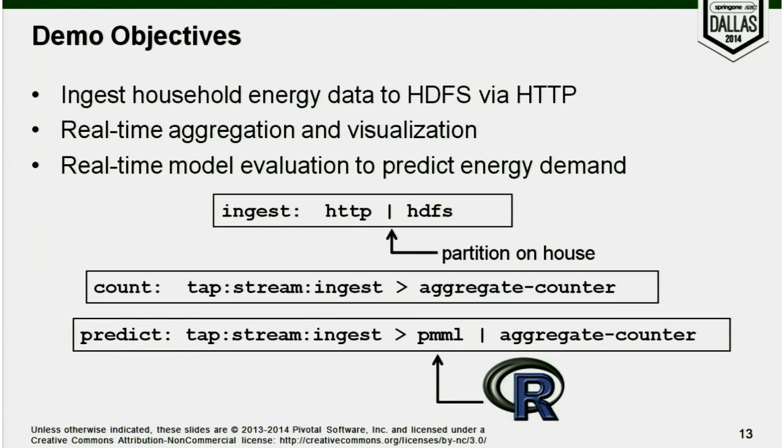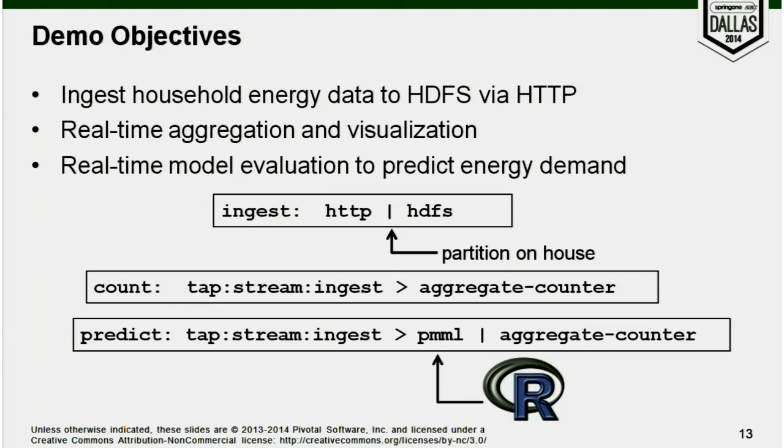And basically what we're doing is, if you think back on the diagram that I showed just a minute ago, we're doing ingestion, we're building a predictive model, and we're using that on the stream data that's being processed in real time from the actual load. So we end up with 3 streams here. There's the main ingestion stream, which goes from HTTP to HDFS, as if the sensor data is coming in over HTTP.